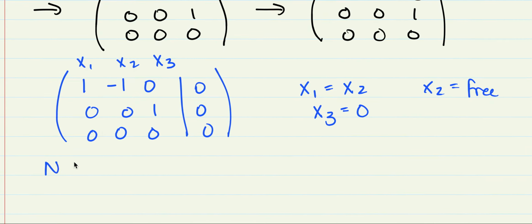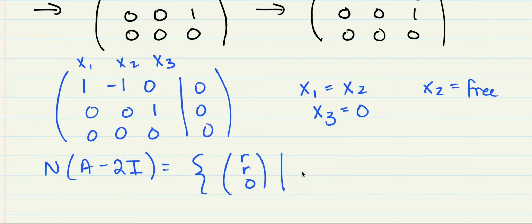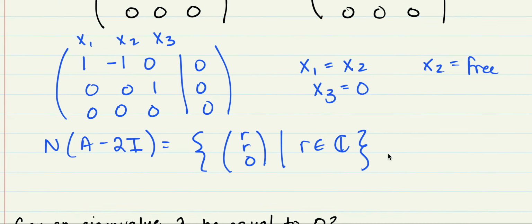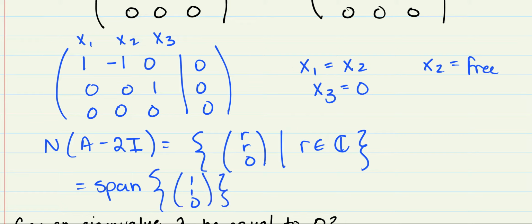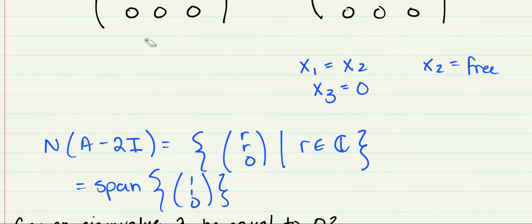So then the null space of A minus 2I, where lambda is equal to 2, is equal to all vectors that look like r, r, 0, where r is a complex number. And that's just the span of 1, 1, 0. Okay? So we can put that at the top.